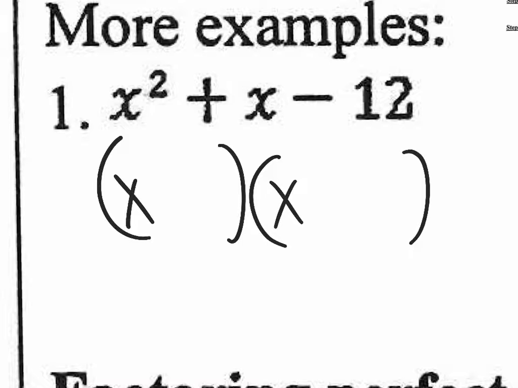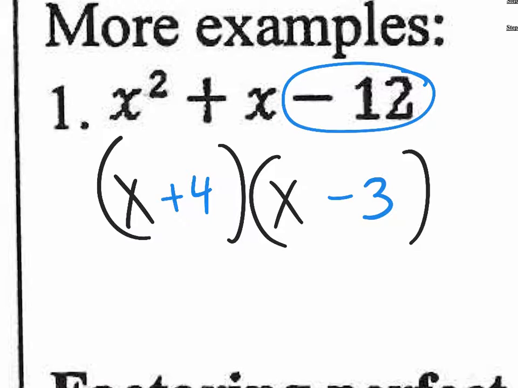What do you say? 4 times negative 3. Positive 4 times negative 3. Okay, now if you're confused, go ahead and make a list of all the multiples of this guy. So negative 1 times 12, negative 2 times 6, negative 3 times 4. Those are all the possibilities.